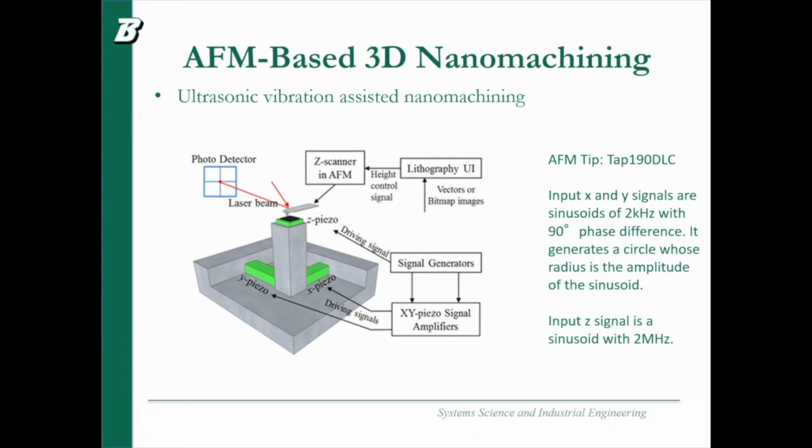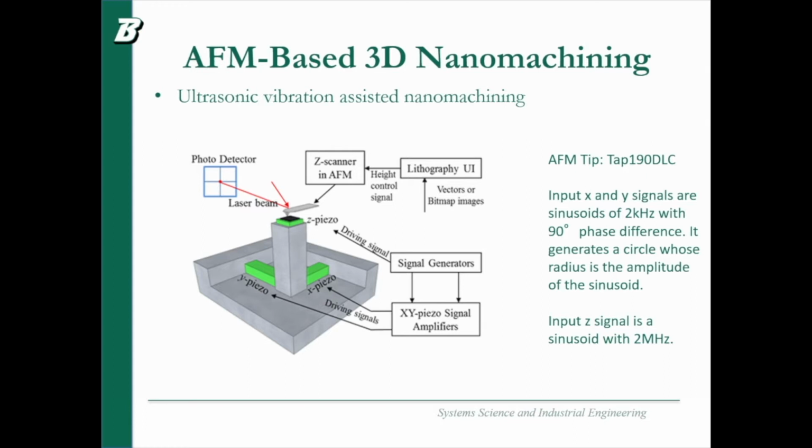The sample we use is PMMA here. When we use a very stiff tip, like a type 190 DLC, a diamond-like carbon tip, the tip can penetrate into the surface because of the Z vibration. We're going to show some data and results. We input signals with different frequencies.